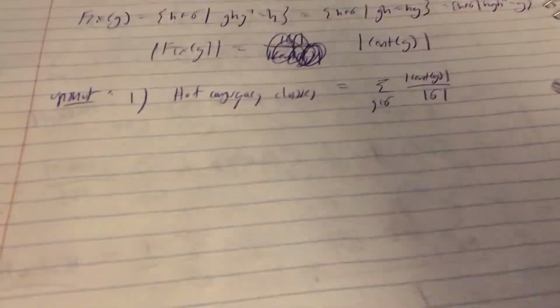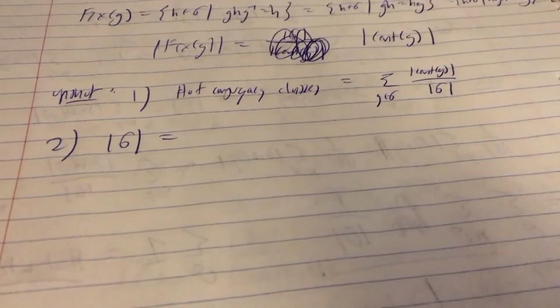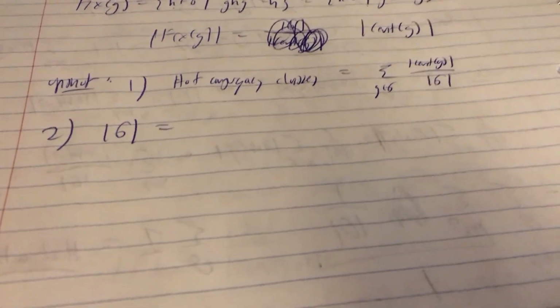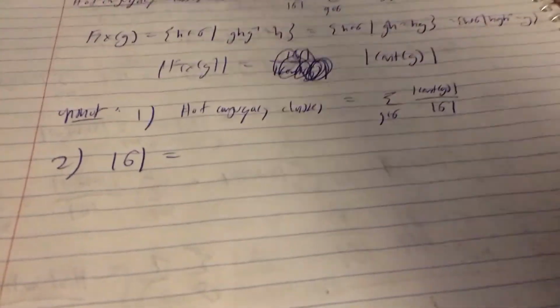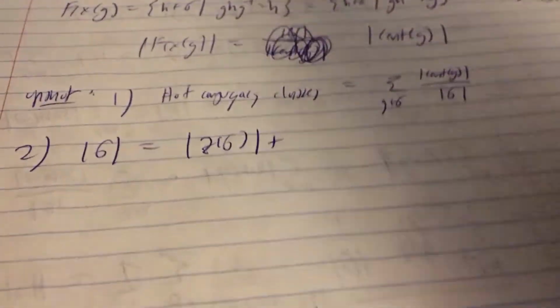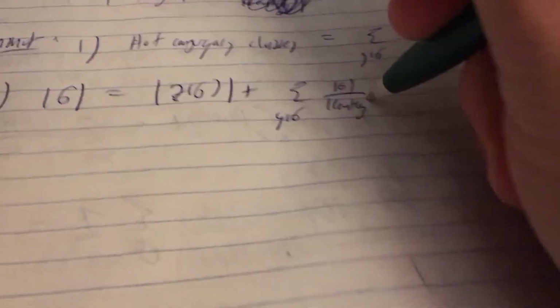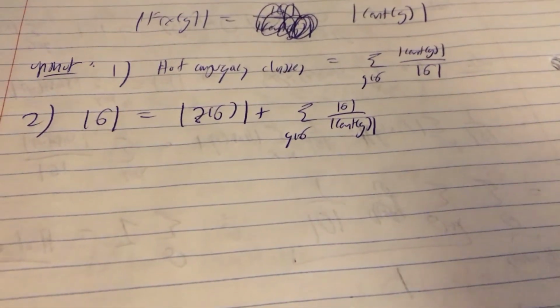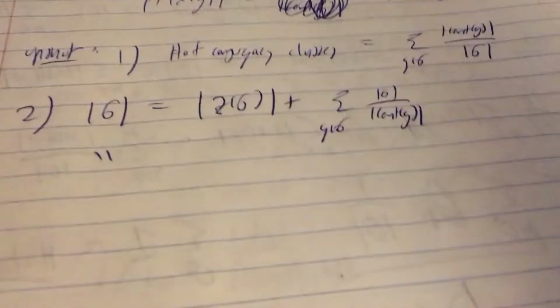Then we have a second very important equation, which relates the size of G. Maybe I'll say the equation and then I'll justify it. The size of G is the size of the center of G plus the sum of the size of G divided by the size of the centralizer of g. How do we get this?